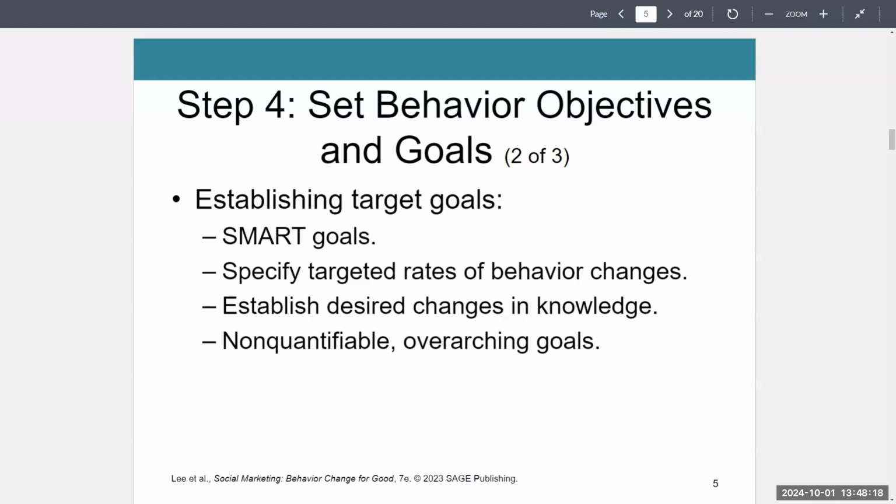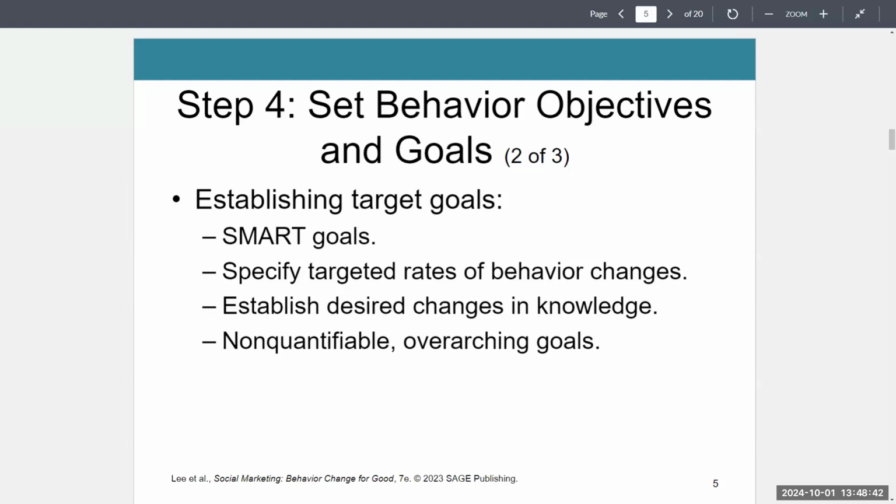Okay, that is time bound, in the next 6 months, right? That is relevant to what we're doing. If our campaign is on physical health, it gives us a specific group, and it's measurable in that it has the 30%. Does that make sense? Yes?